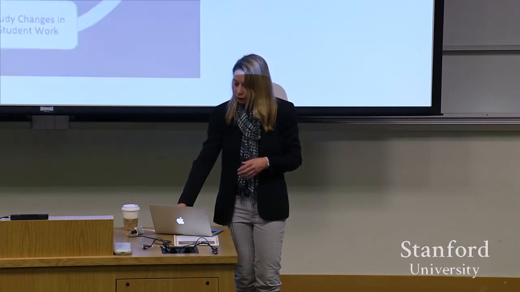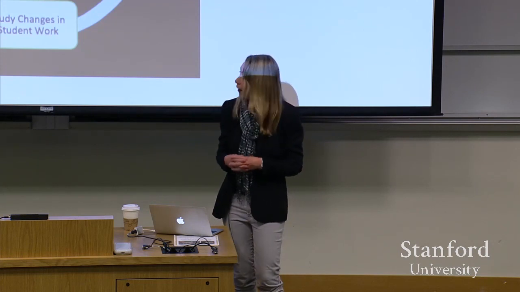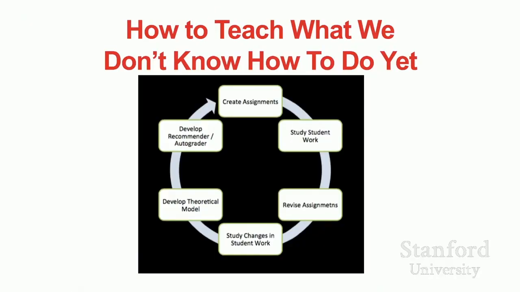We'll start out with some key material, a core of it, and we're going to refine it together and build it iteratively and explicitly, so that we might have some assignments, and the students will do some work, and we'll revise the assignments, and we'll study the changes in the work, and we'll develop more of a model of how it works, and develop the recommender or the auto-grader.